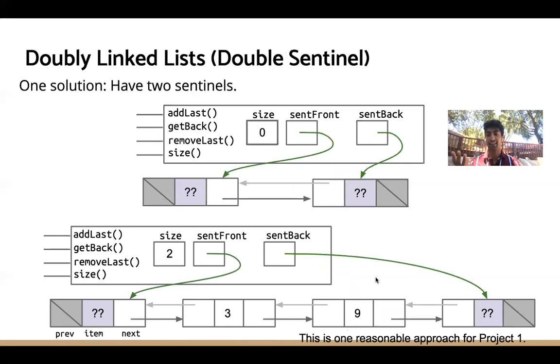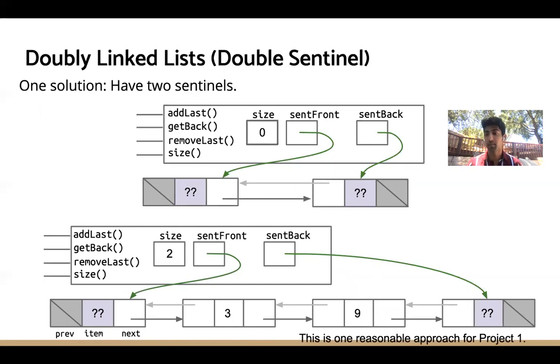One idea is to have two sentinels. Let's have a sentinel at the front, and a sentinel at the back. And this idea works, completely working idea. We have a sent front and a sent back, and sent back is just replacing last.